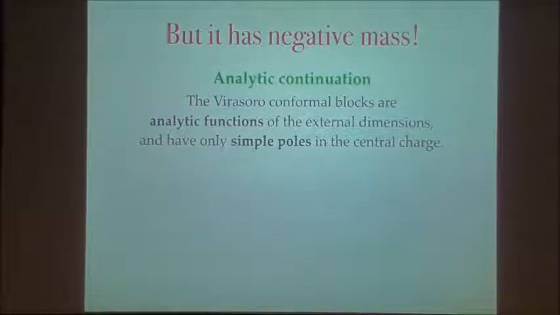By external dimensions, I mean the dimensions of these four operators. And it also only has simple poles in the central charge. So you can hope that certain properties of the Virasoro block in the unitary regime, where all the dimensions are larger than 0, are related to properties of the same function, but with h taken to be negative.